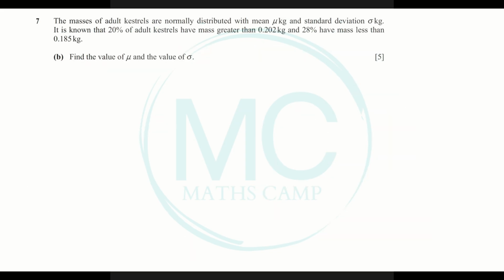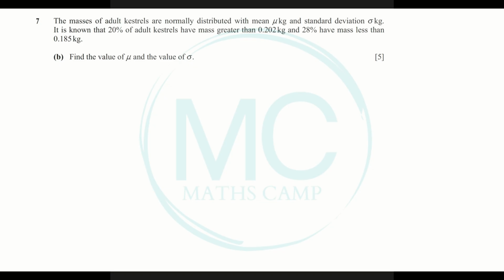Part B says the masses of adult kestrels are normally distributed with mean mu kilograms and standard deviation sigma kilograms. It is known that 20% of adult kestrels have mass greater than 0,202 kilograms and 28% have a mass less than 0,15 kilograms. Find the values of mu and of sigma.